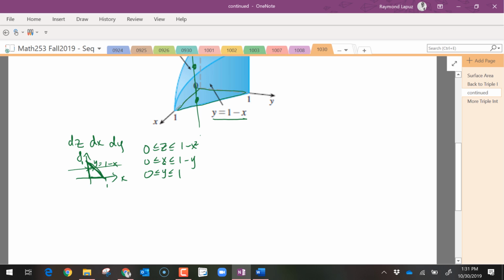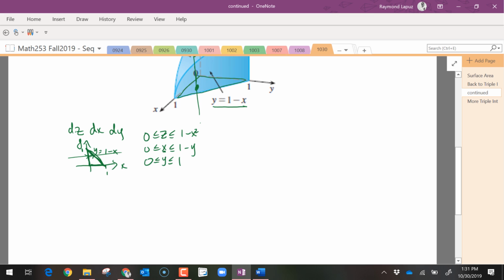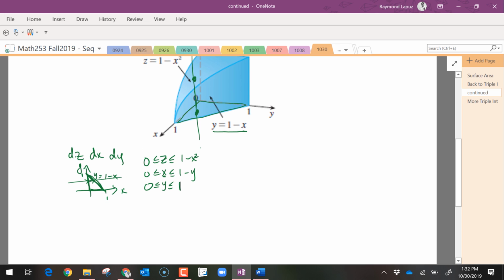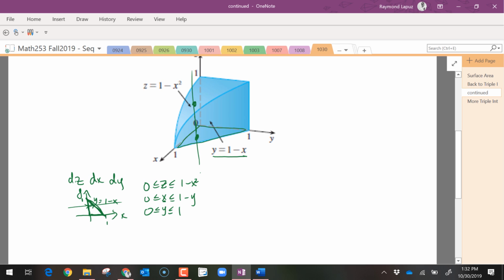Yeah. So after we do the first variable that makes it 3-dimension, then what you do is you look at the other two variables on the plane. So it becomes a 2-dimensional problem.